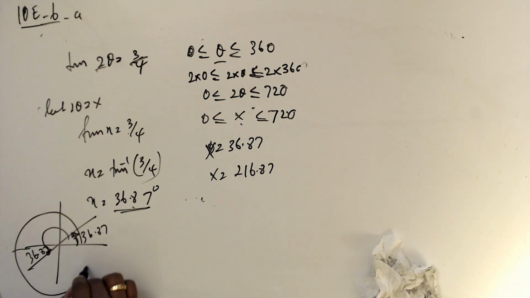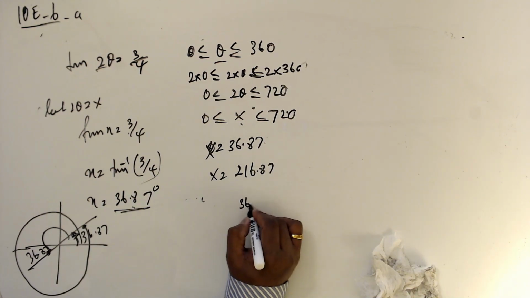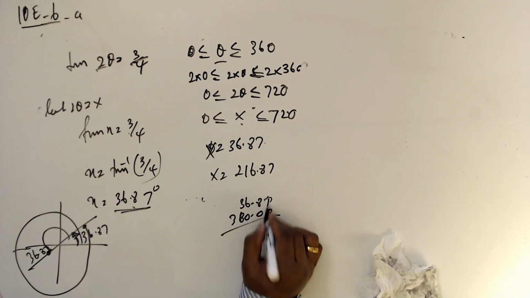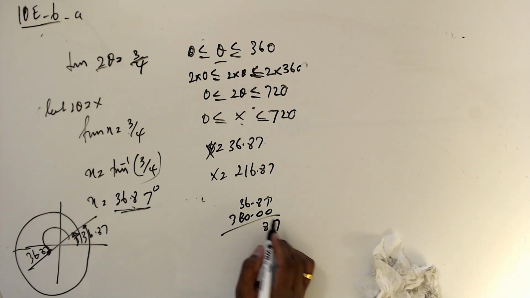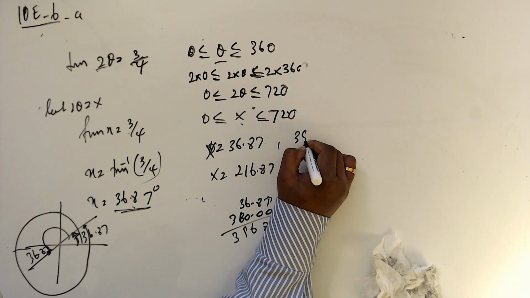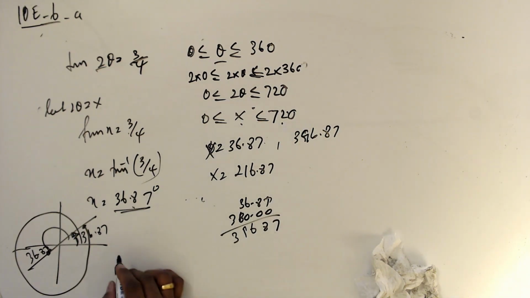Whole round and I end up here. It means I add 36.87 to 360. So this is 396.87, also in this range.